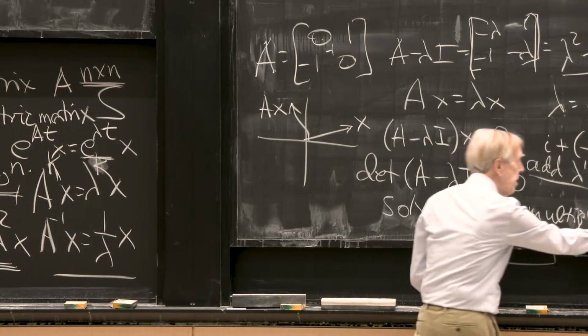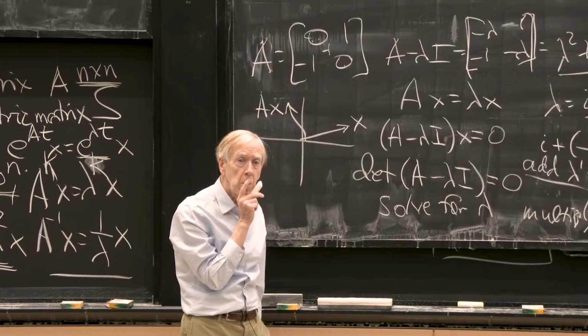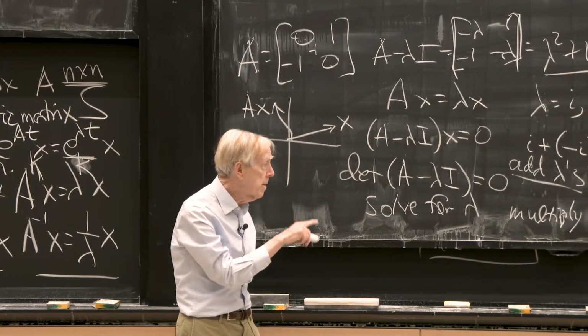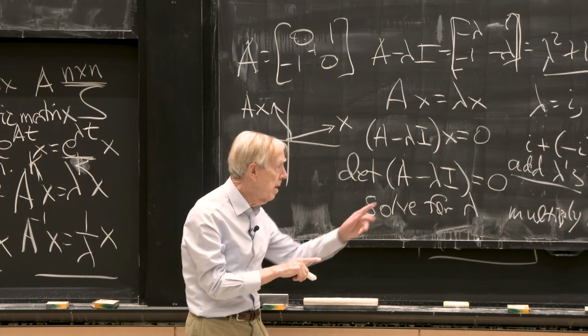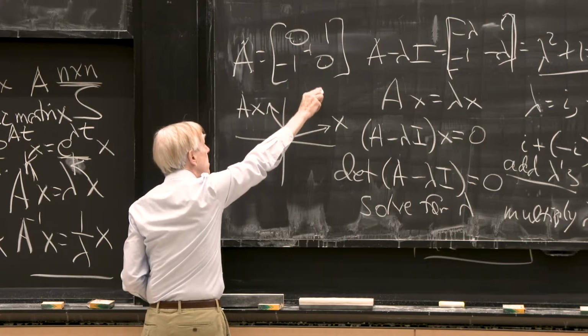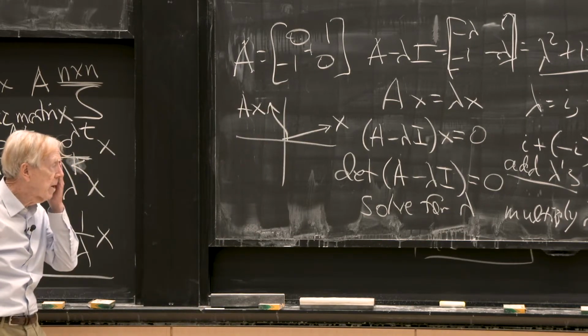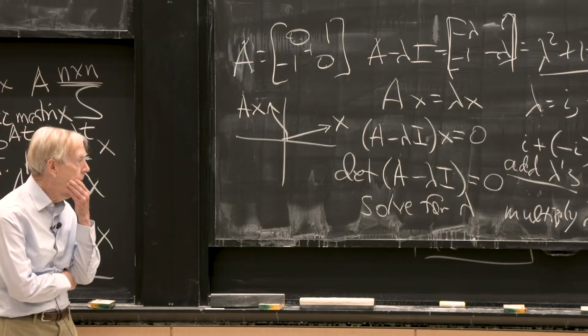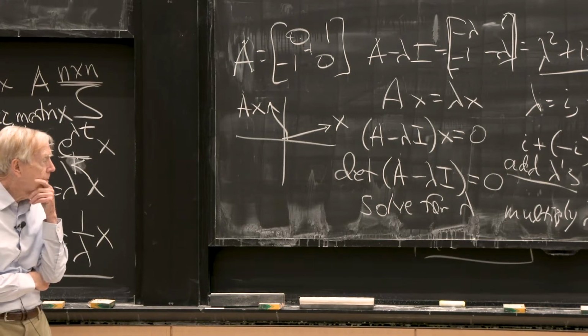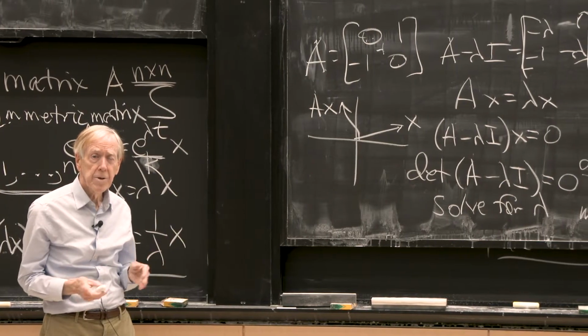What's i times minus i? It's 1, because it's minus i squared, and that's plus 1. And the determinant of that matrix is 0 minus, is 1. Okay, so we got 1. Good. Those are really the key facts about eigenvalues.